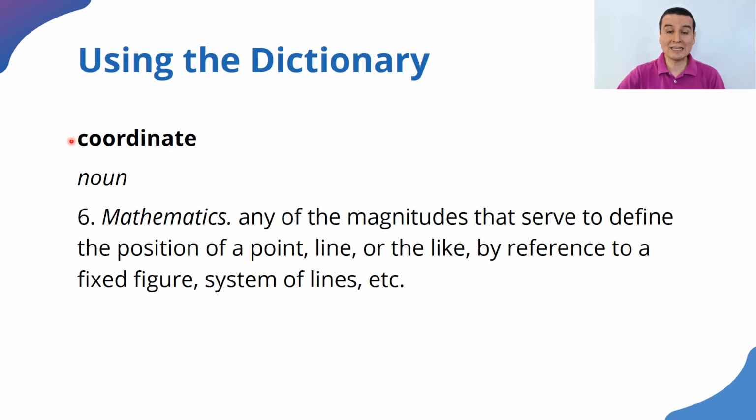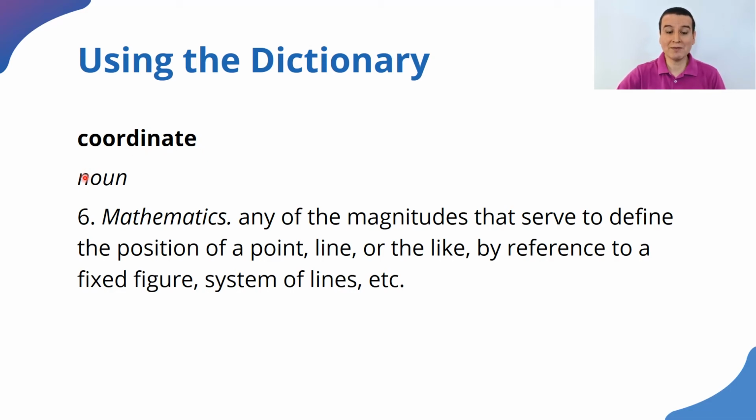Coordinate, I found in the English dictionary, that's curious, as a singular form, so we have to make the adjustment. Let's say we're talking about coordinates, but I only found the singular form.